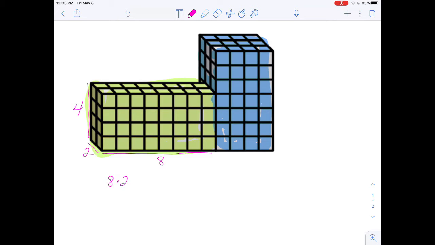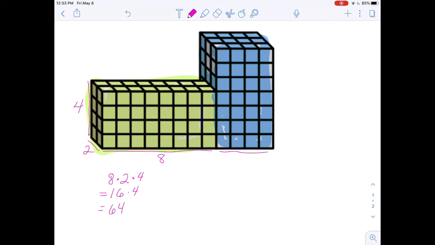8 times 2 times 4 is 16 times 4, or 64 cubic units. Now I'm going to do the blue. This length is 4. The width, I'm going to look at the width up here, which is 3.